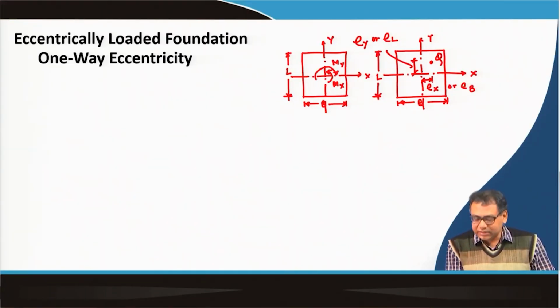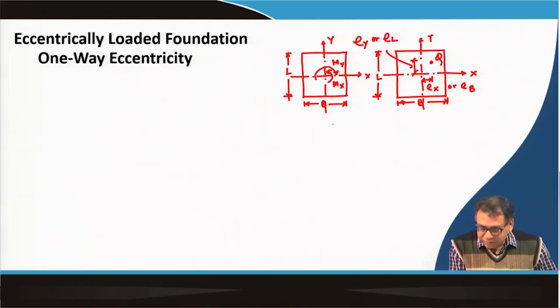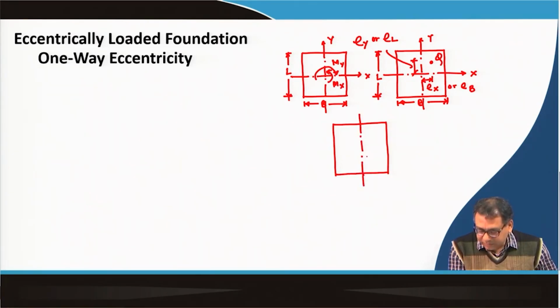In one way eccentricity, either there will be E x and E y will be 0, or there will be E y and E x will be 0. So, in one way eccentricity, I can draw that loading is acting here with an E b value.